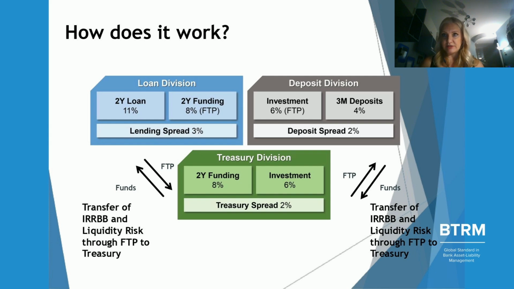Very important point of this central mechanism. You see that they are paying 2-year FTP on the asset side, and they are getting 3 months FTP rate on the liability side. So the maturity of these virtual transactions is matching. There is a big implication coming from that.